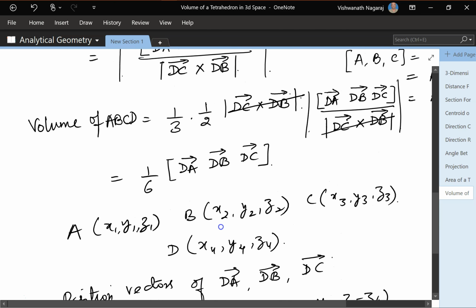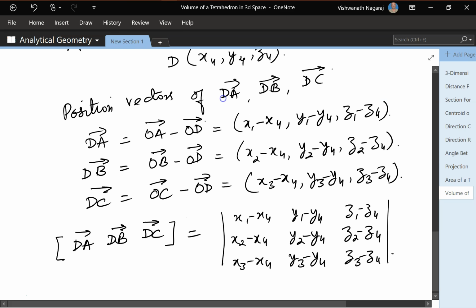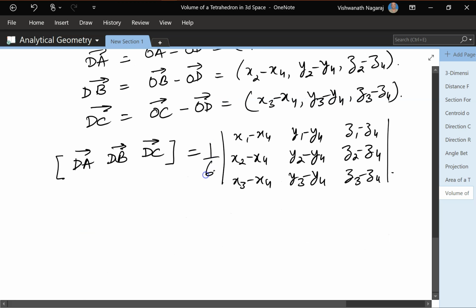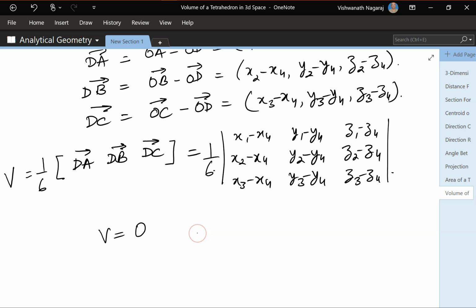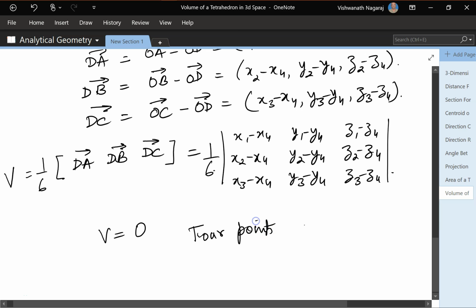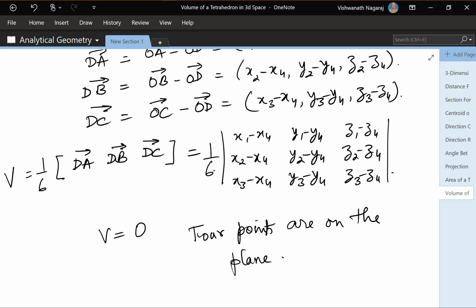So the volume of ABCD would be 1/6 of this determinant. Now if the volume is equal to 0, what does it mean? Think of it. It means that all 4 points are on the same plane, that is, coplanar. You will get a volume only if they are across different planes.